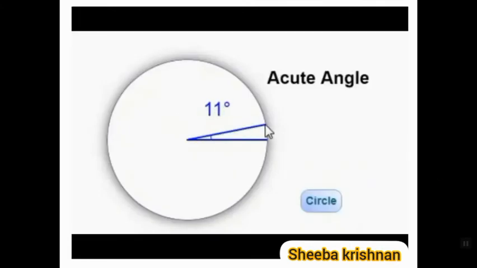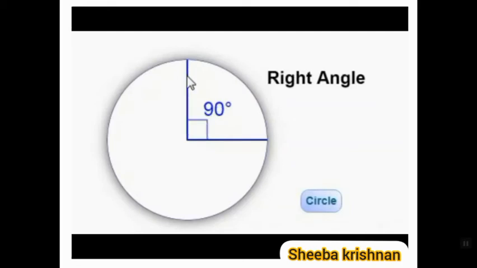Rotation. Now from 0 degree to 90 degree, it is an acute angle. Less than 90 degree is an acute angle. And now it is a right angle.